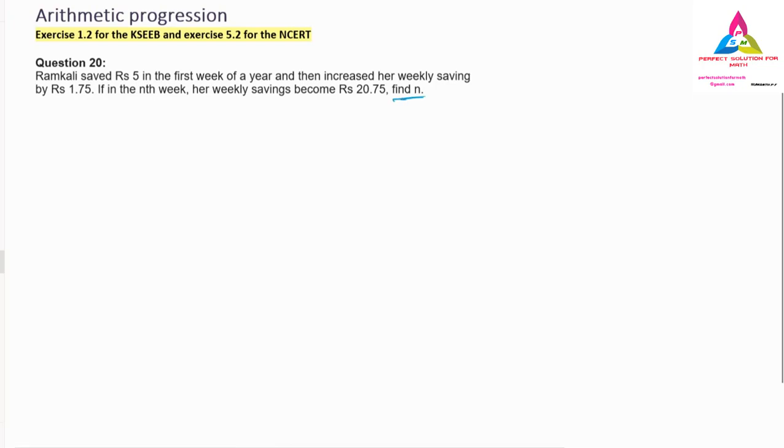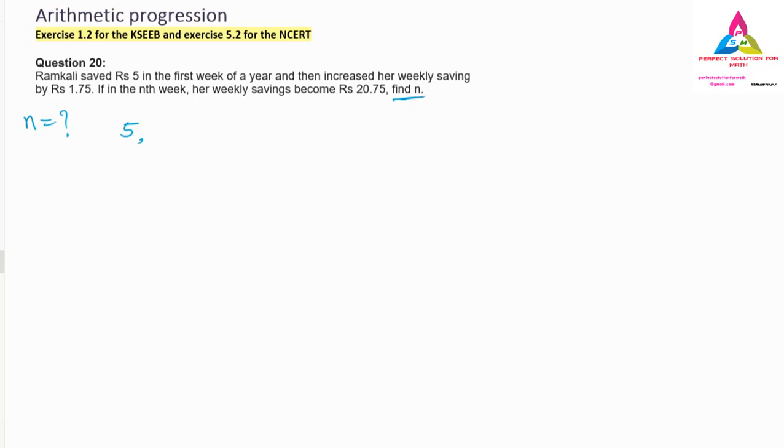So first we will write what we have to find, that is n value. Next, we will go through the question. Ramkali saved rupees 5 in the first week. In the first week how much rupees has she saved? That is nothing but the first term, that is 5 rupees. So that is the most important. Next, you can read that in the next week her savings increased by how much? That is 1.75.